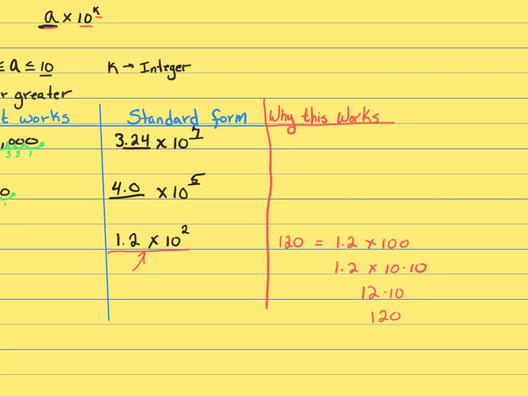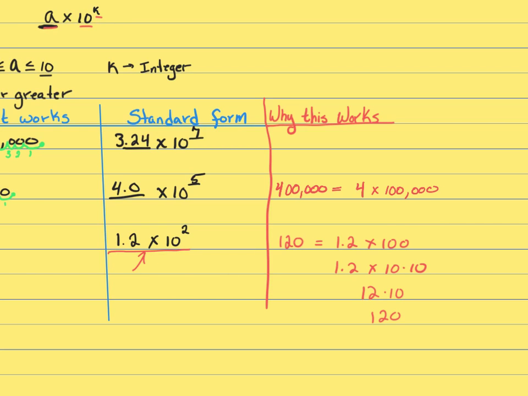So the idea is on each one of these, I'm not changing the value, but every time I multiply by 10, I'm moving the decimal over 1. So if I go up here and I have 400,000, that's the same thing as if I had 4 times 100,000. Right?